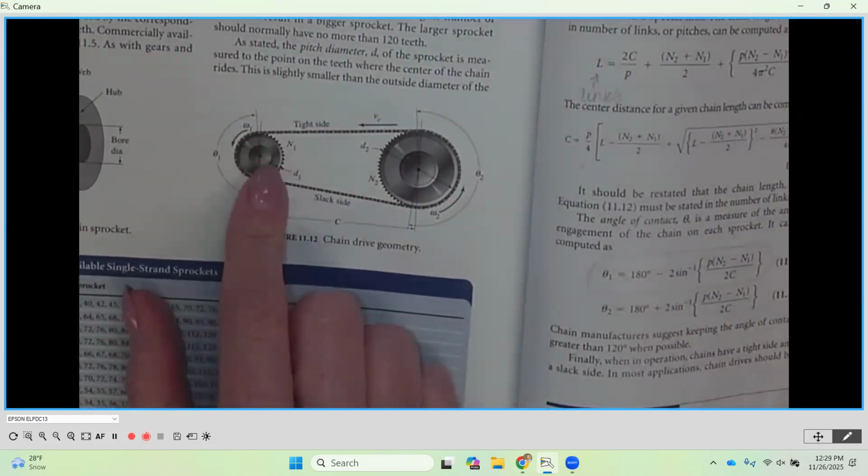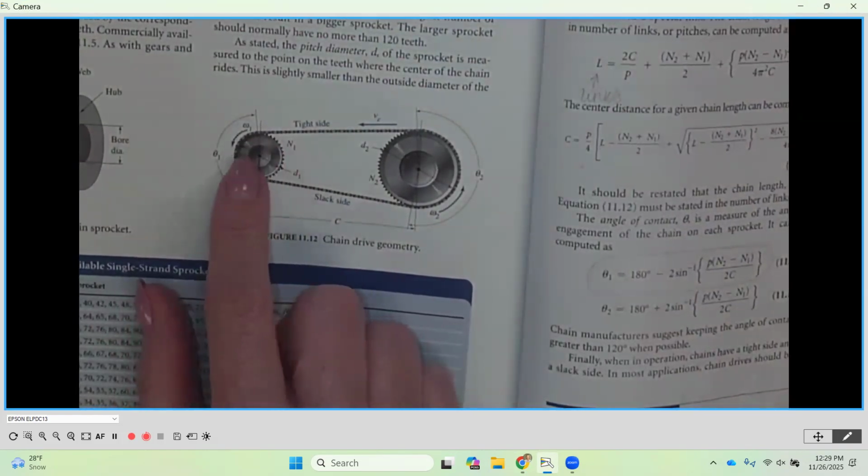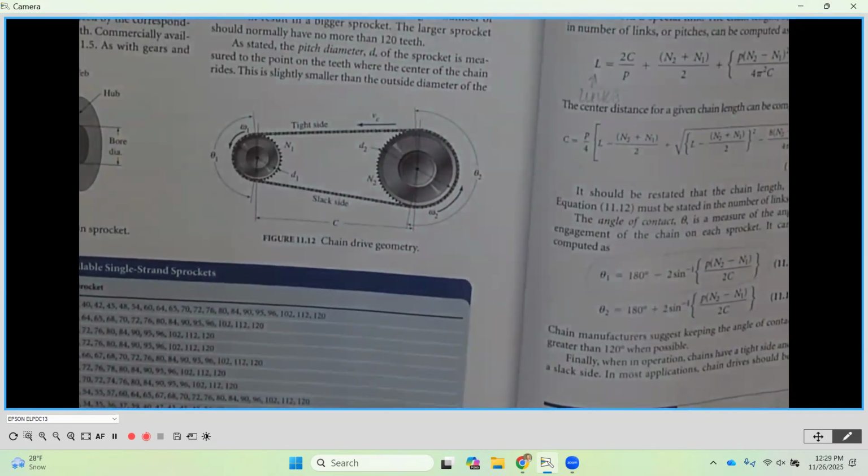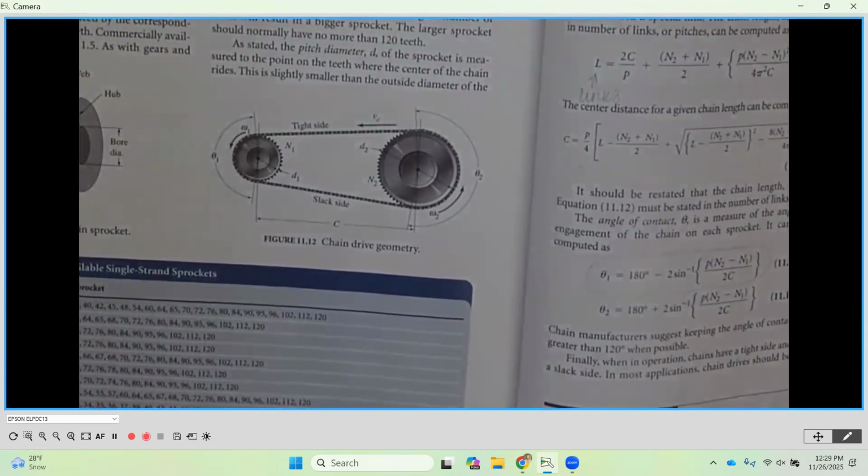How many times does this low speed pinion, the low speed sprocket, the driver, how many times does this go around in order to get the driven to go around one time, right? So we've calculated this for gear sets. We've calculated this for our belt drive in our previous portion of this module. And now it's going to be the same thing here.